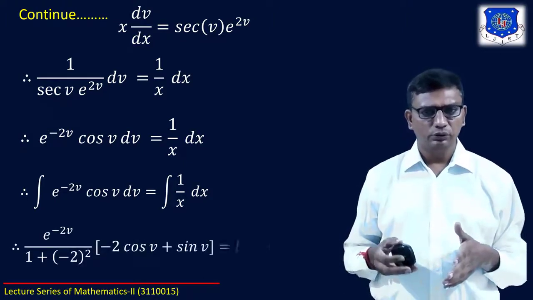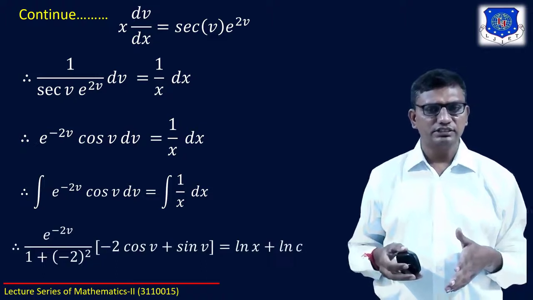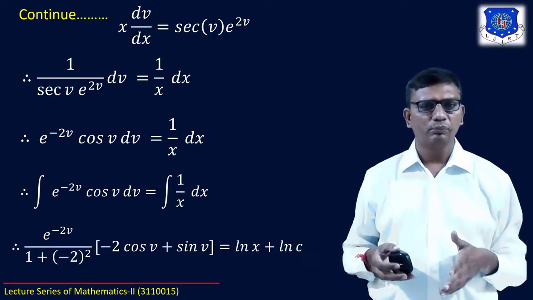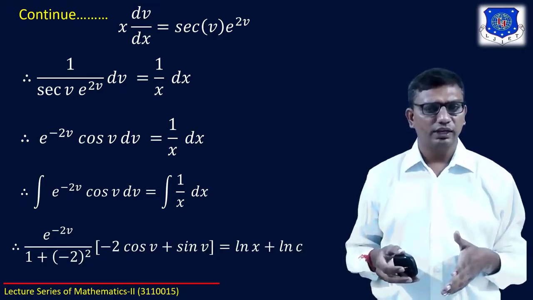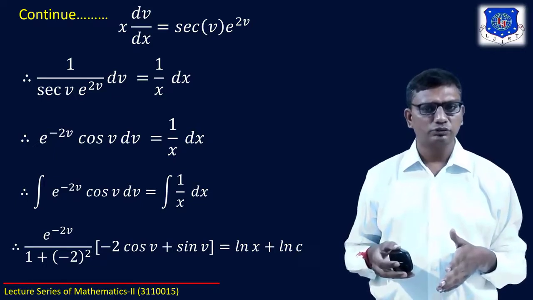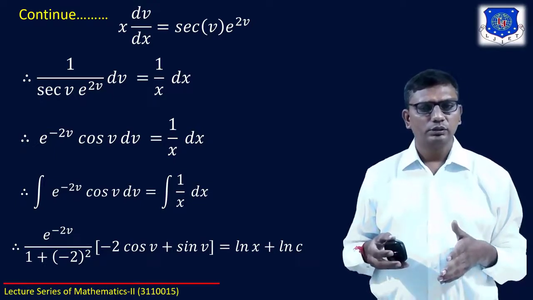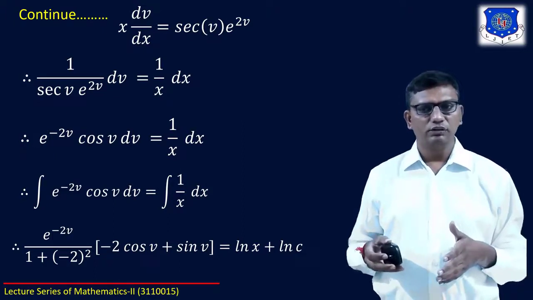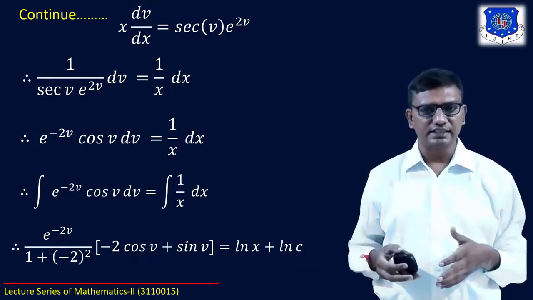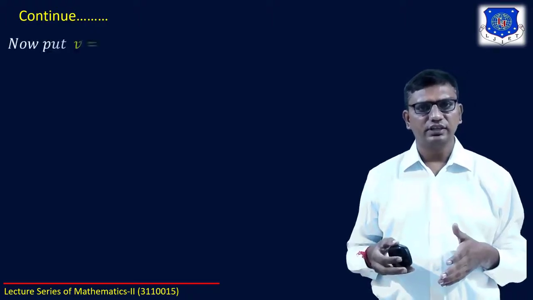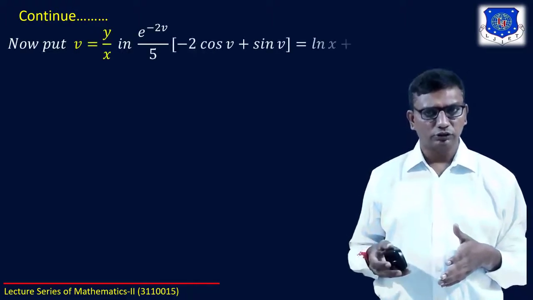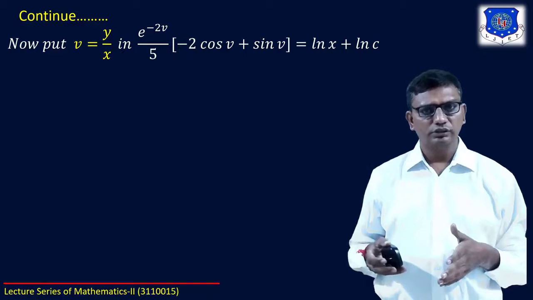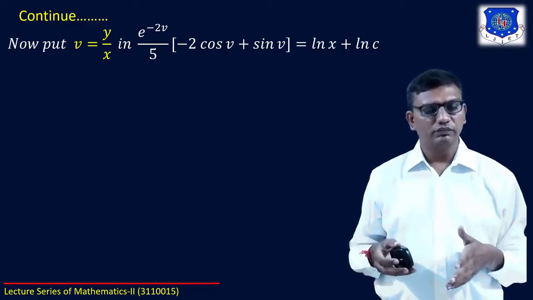Now we apply the known formula of integration, which gives e raised to minus 2v upon (1 square plus 2 square) into (2 times cos v plus sin v) equal to ln x plus ln c. Finally we get the final solution, and we put v equal to y by x.